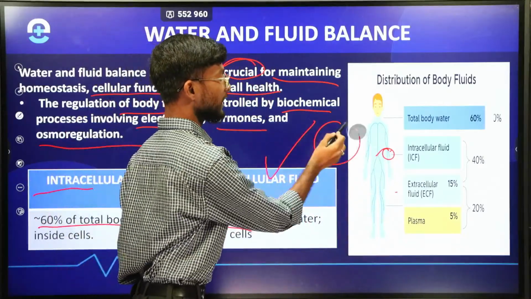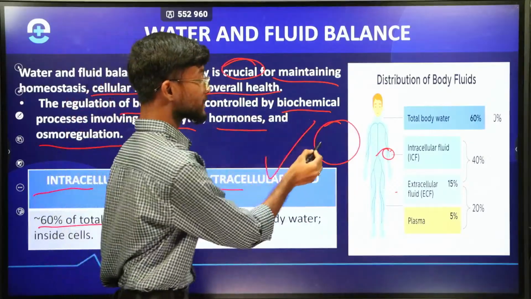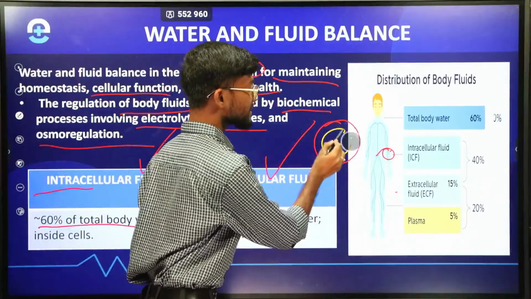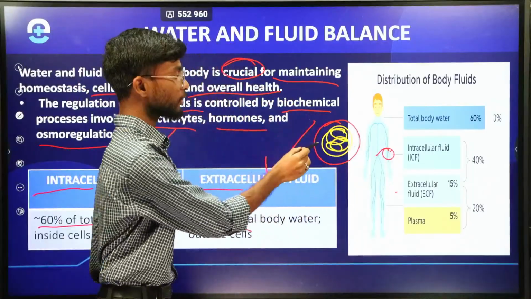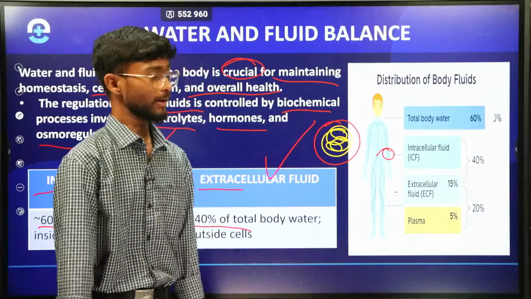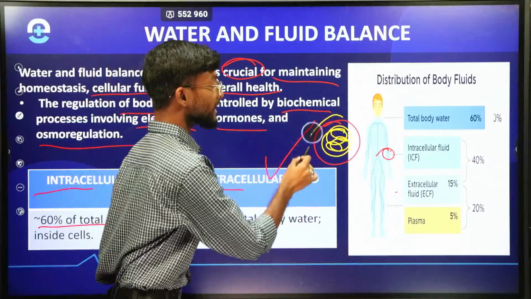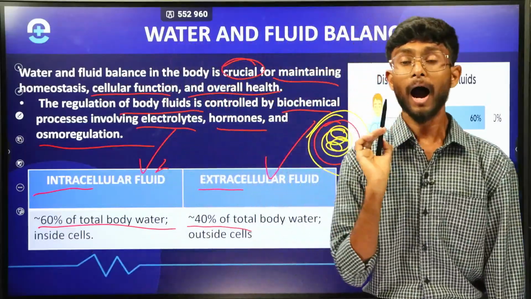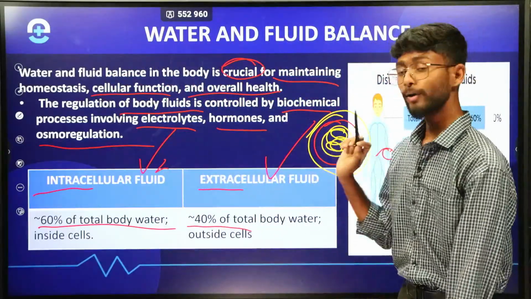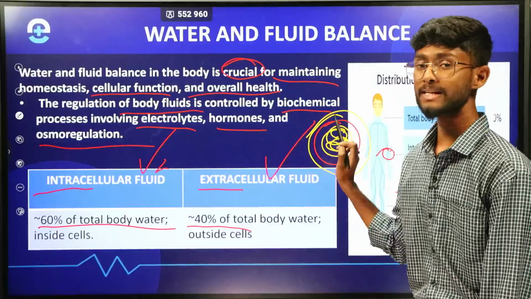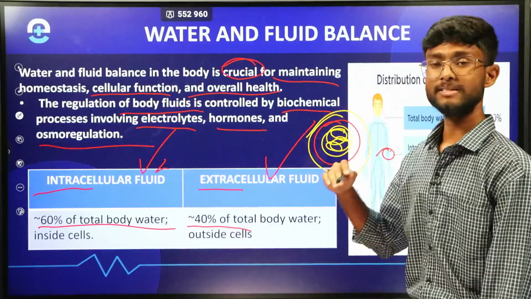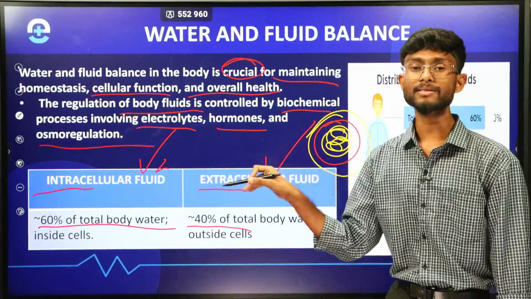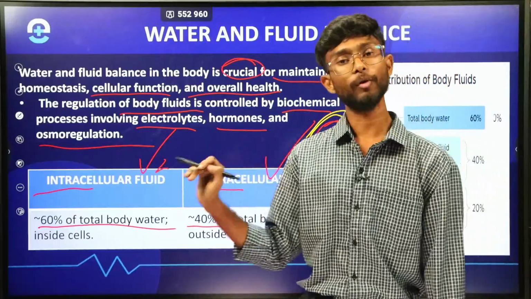Consider this is the cell: the fluid present inside the cell you call intracellular fluid, and the fluid present outside the cell you call extracellular fluid. Inside the cell it is approximately 60%, extracellular approximately 40%. This is the intracellular and extracellular fluid mechanism.